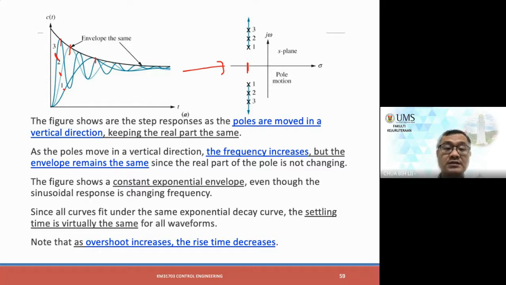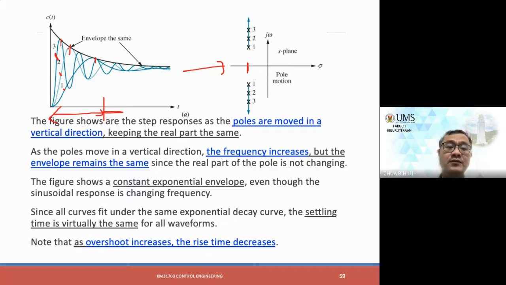As we see the poles move in the vertical direction, the frequency increases, because you can see that the peak time shifts from this point to this point to this point. Maybe let's say this is 1 second. Within 1 second, line number one oscillates less than one peak.